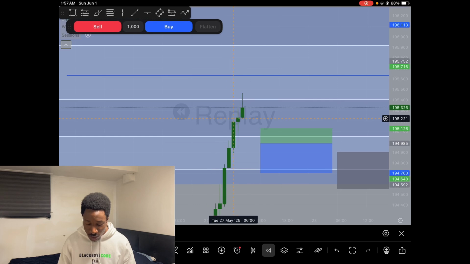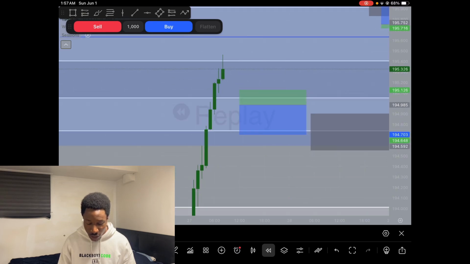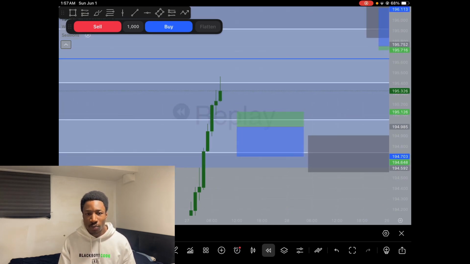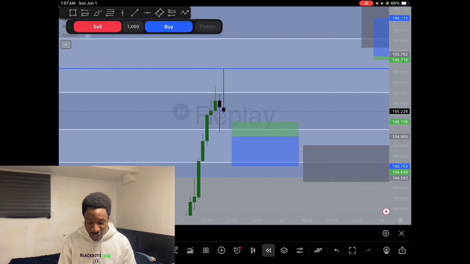Because the way I look at this is, guys, price is still buying, but for us to now sell the market, price needs to give us a bearish signal, not a bullish signal, right? So in this case, if you notice, price now came, made all the noise, and finally gave a bearish signal.